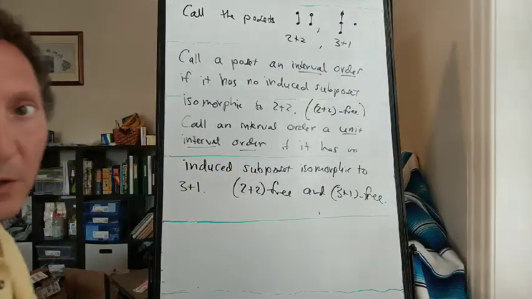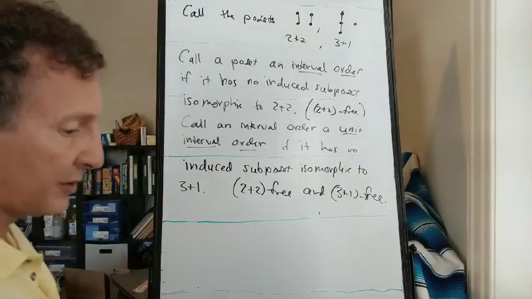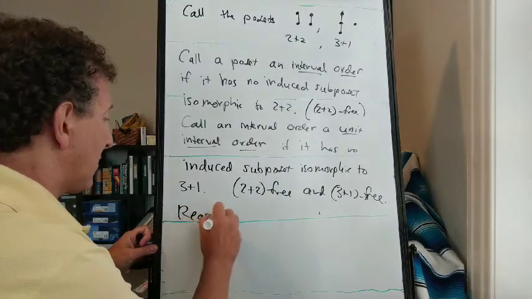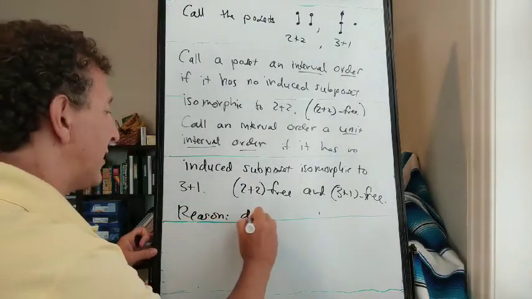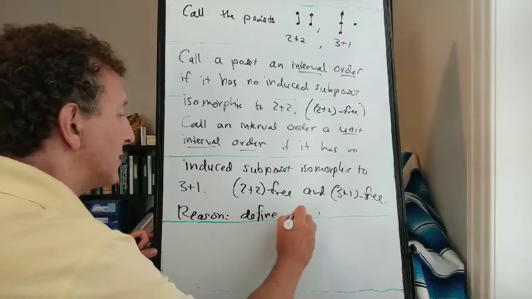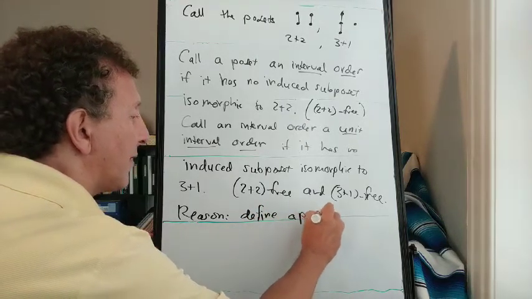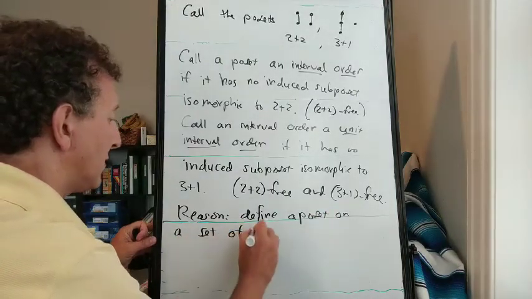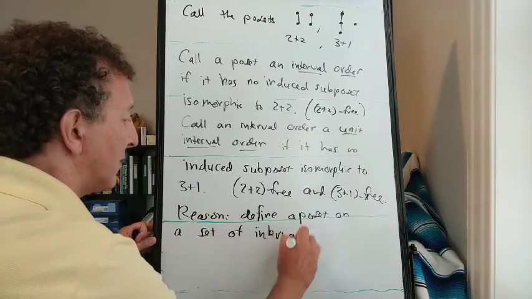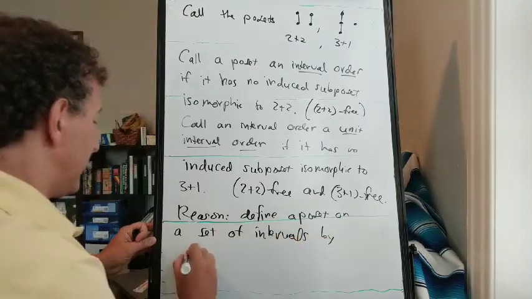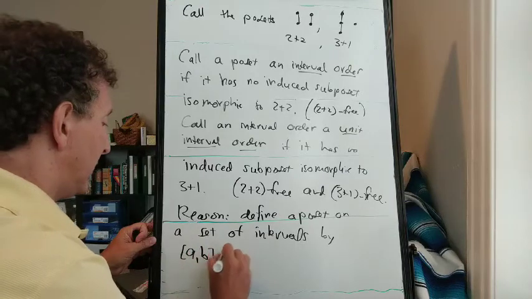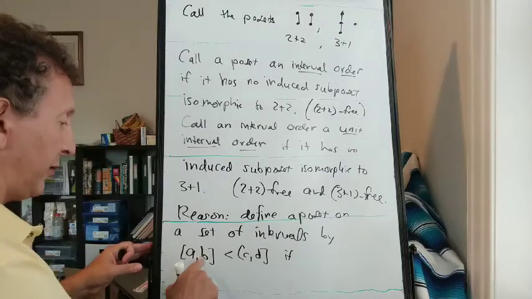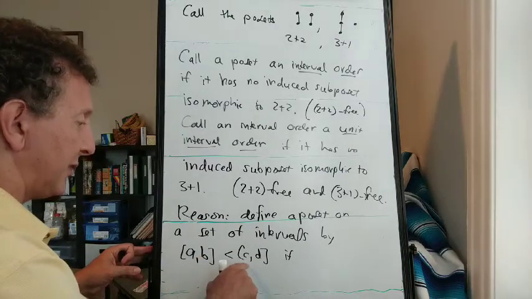The reason for this terminology involving intervals is that we can define a poset on a set of intervals by saying one interval is less than another interval if the greater number of this interval is less than the smaller number of that interval.